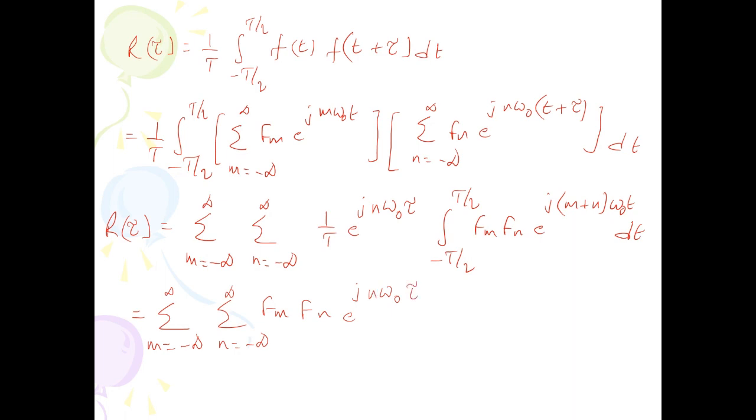And this value we can represent as sin pi (m plus n) by pi (m plus n). Since m and n are integers, the expression given above is 0 except when m is equal to minus n.